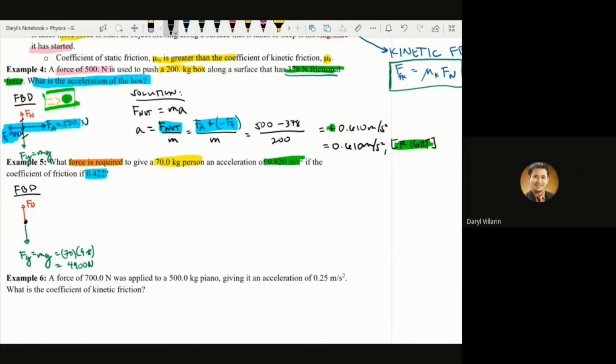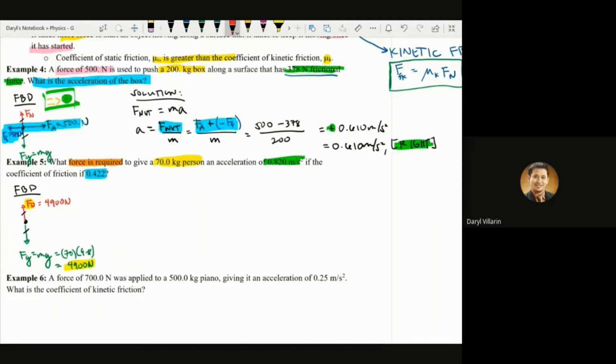In this particular case, there's no movement vertically. So that means the normal force is just equivalent to Fg, the magnitude of the weight, which is 4,900. So this is also 4,900 newtons.